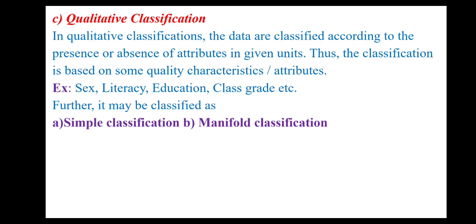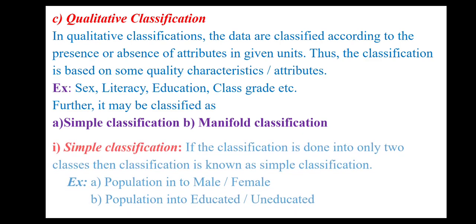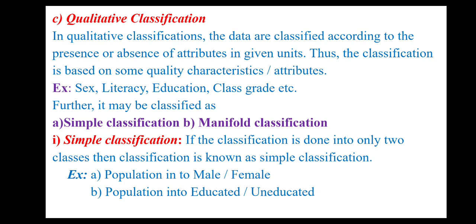Simple classification is male, female, yes or no. If the classification is done into only two classes, it is known as simple classification. Example: population into male and female, or educated and uneducated. Only two things are considered. That is called simple classification.